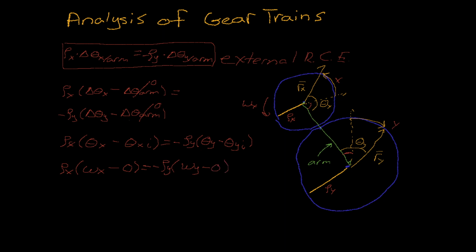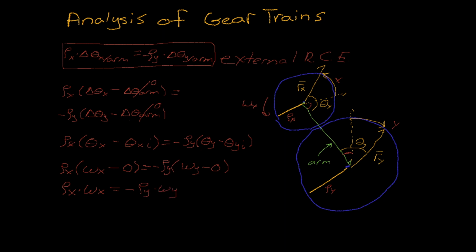And this simplifies down to rho x times omega x is equal to minus rho y times omega y.